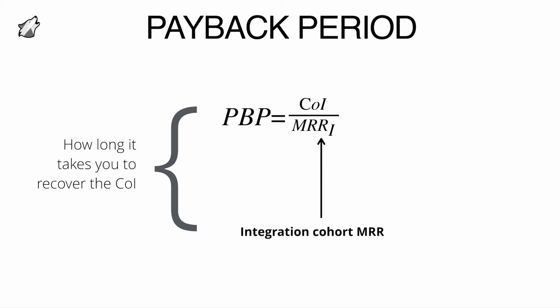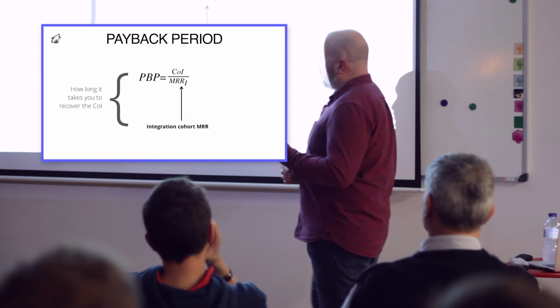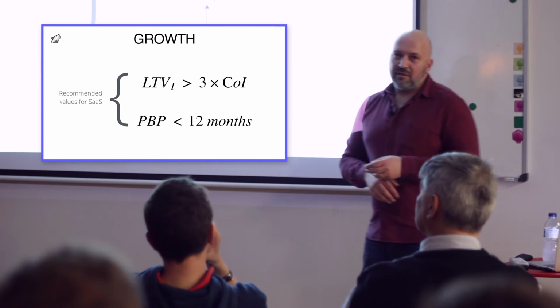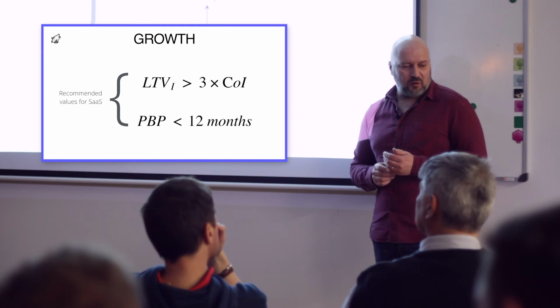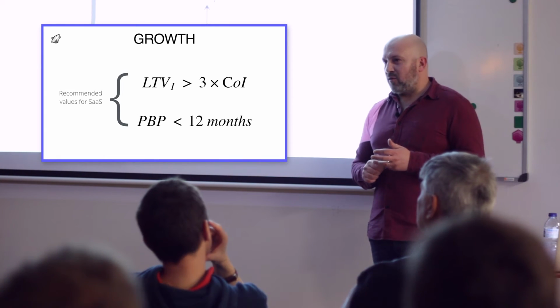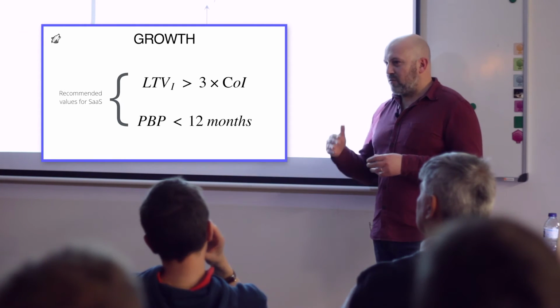So how do you get to growth, right? So let's say the definition of growth. First, growth is not the opposite of not generating revenue, or not generating profit. So growth is something else.